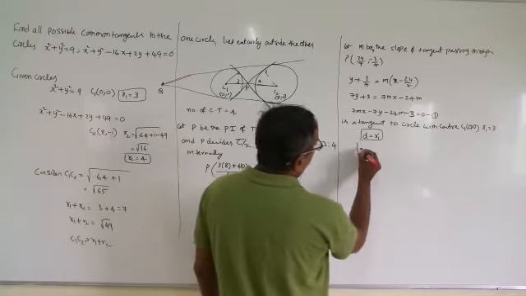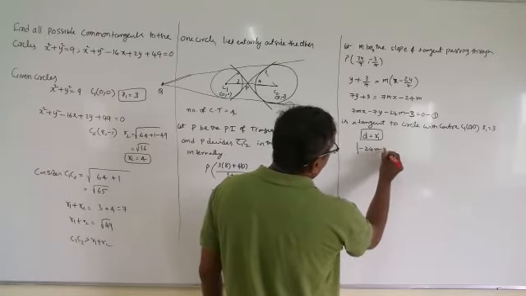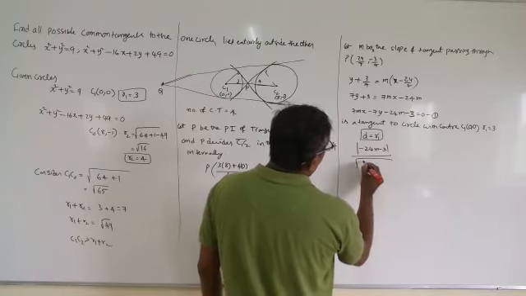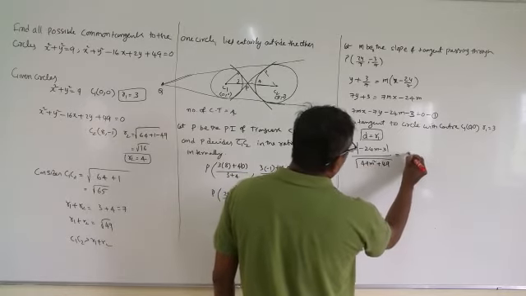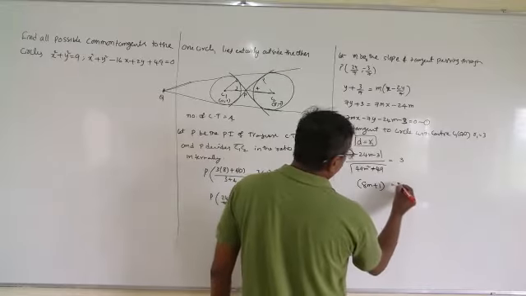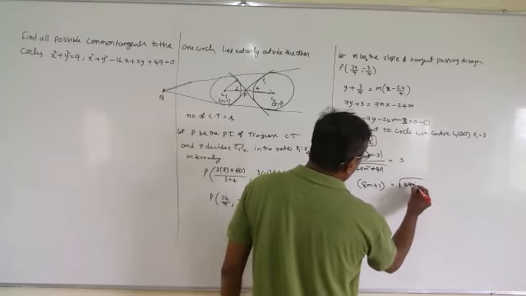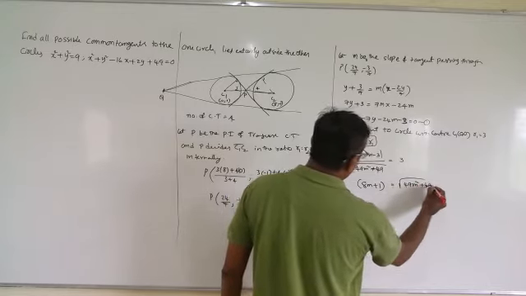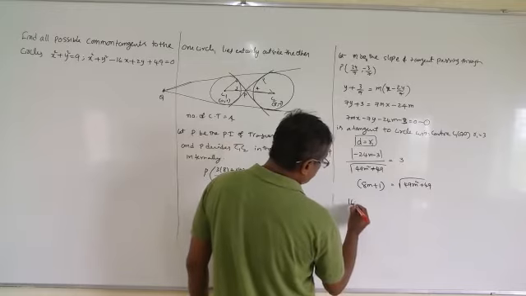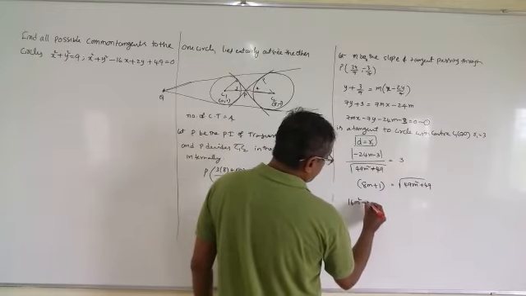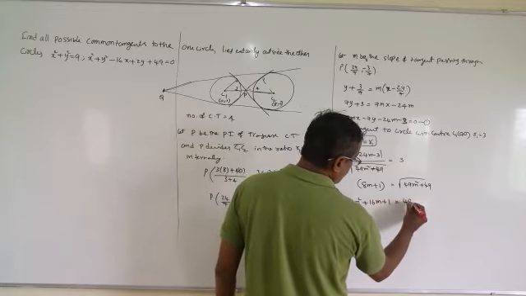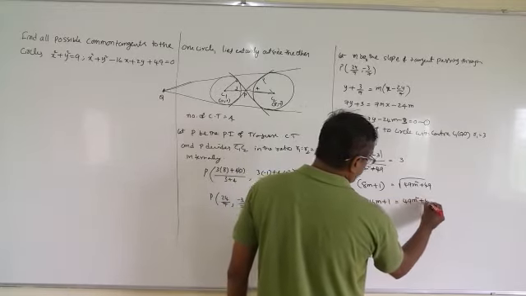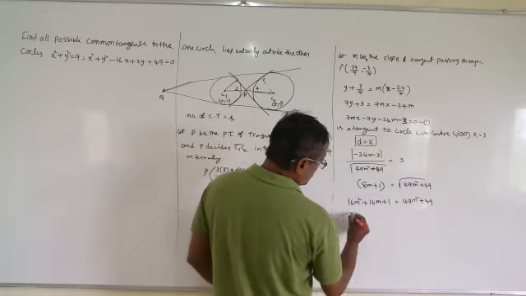So you will get mod of (minus 24m minus 3) by root of 49m square plus 49 is equal to 3. Squaring on both sides, you will get 64m square plus 16m plus 1 is equal to 49m square plus 49.